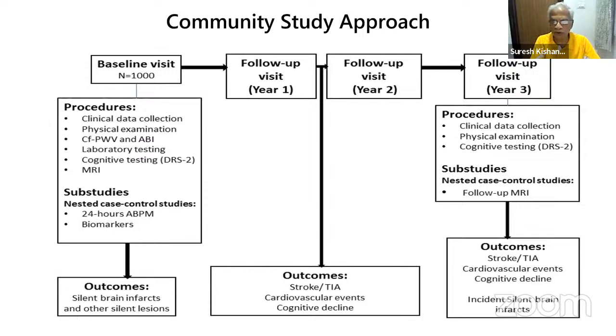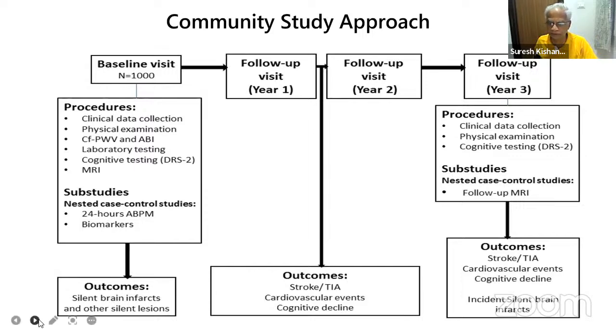When you do the follow-up in the first and second year, you see repeat strokes, sometimes cardiovascular events, and there is a cognitive decline. After 3 years, the clinical data collection is going on in the country, and the outcomes expected are, apart from cognitive decline and silent brain infarct, cardiovascular events are also being seen. Next.